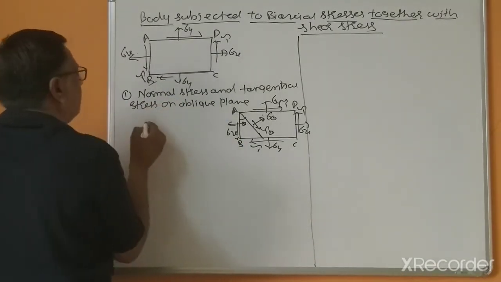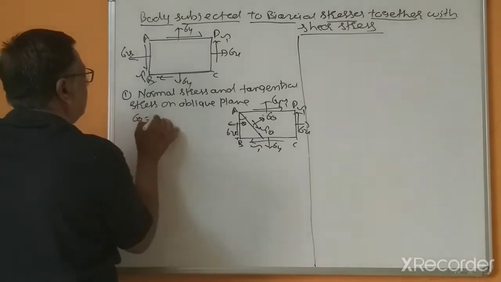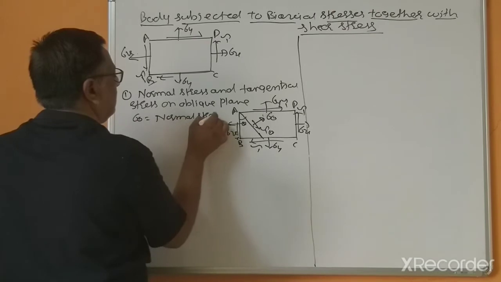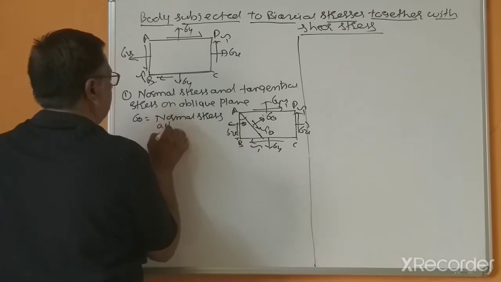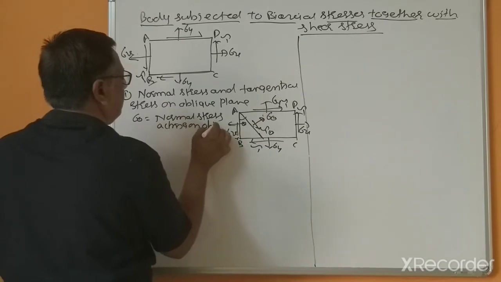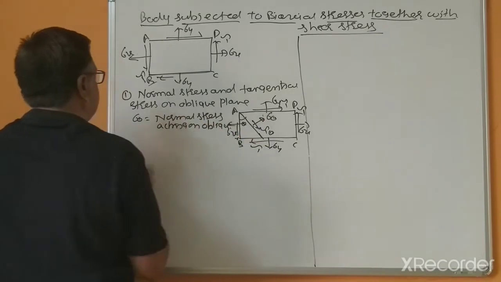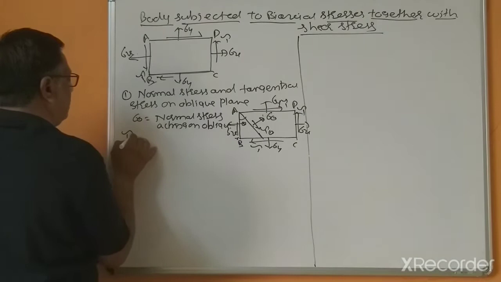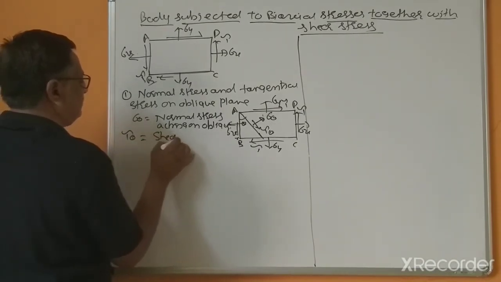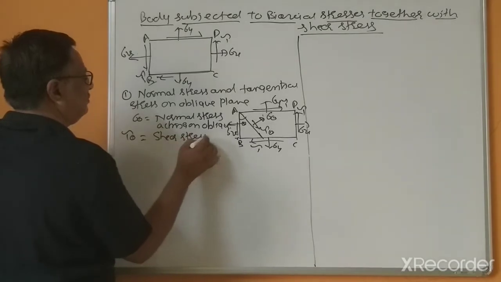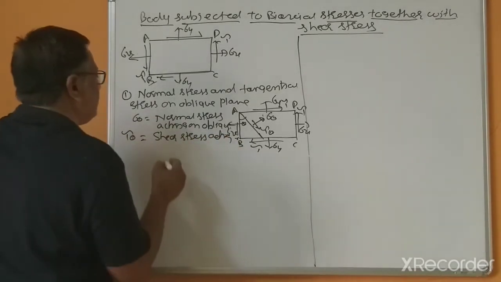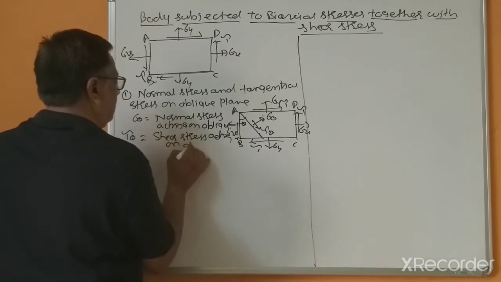Suppose sigma theta is the normal stress acting on the oblique plane, and this is tau theta, the shear or tangential stress on the oblique plane.